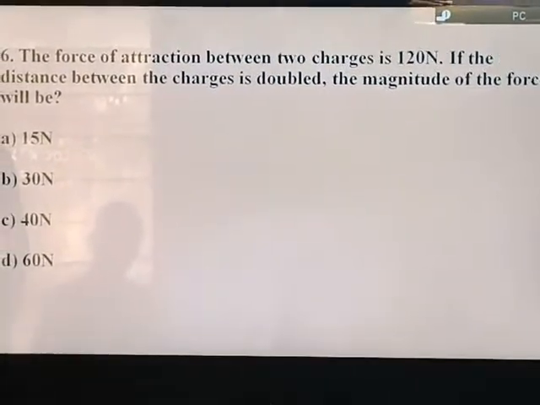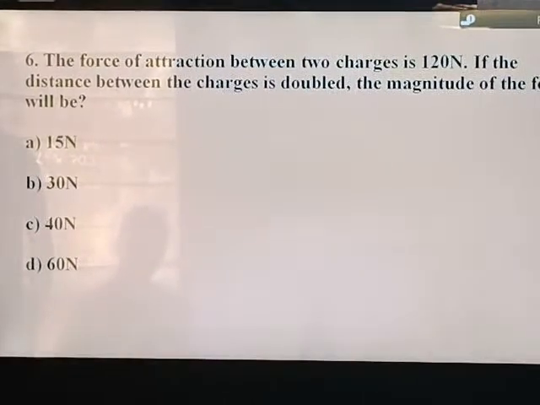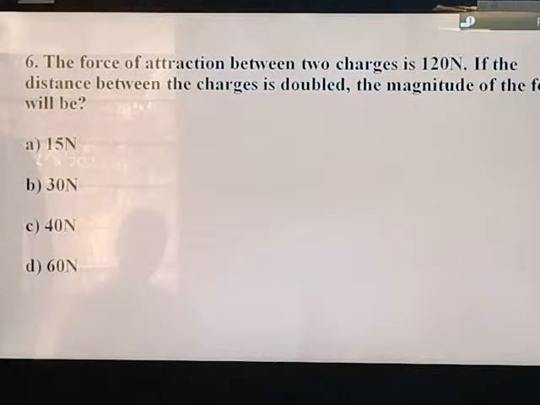Now we are being asked, if the distance between the charges is doubled, if R1 is the initial distance, then R2 becomes 2R1. That's the meaning, because doubled means multiplied by 2. So we are looking for F2. Let's rub this off and put it here.